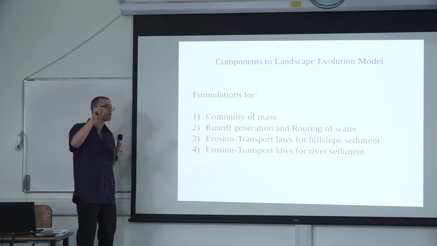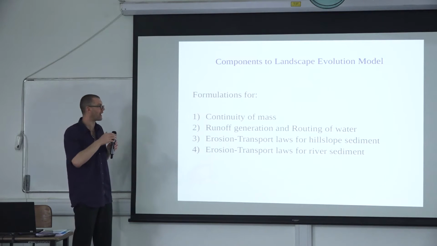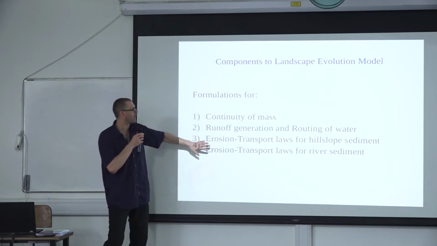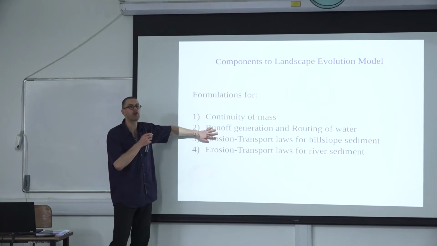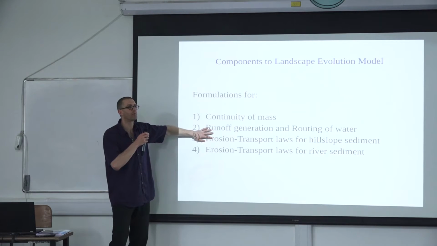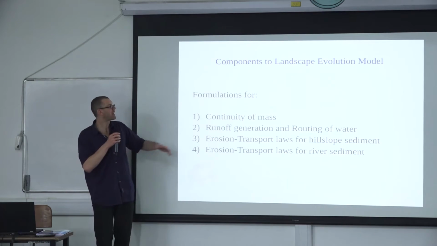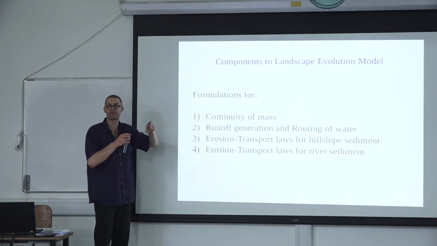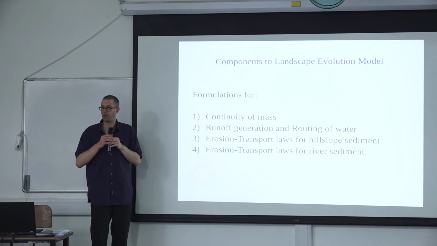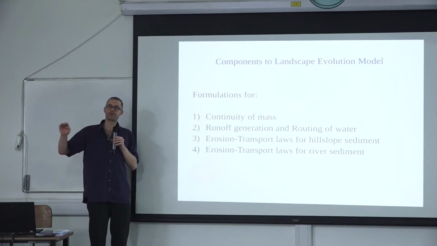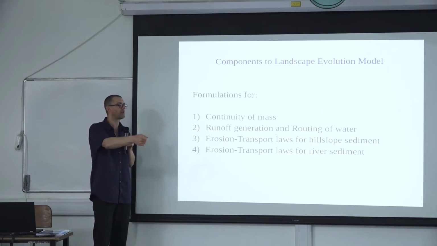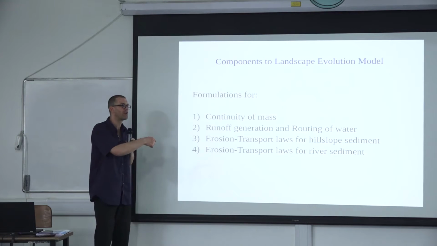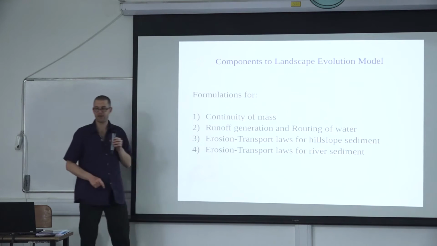You can turn those switches on and off. So you can generate a model that only has fluvial erosion and no hill slope, and vice versa. And then you can, of course, add to it landslides and other processes. These are then other components of a model. But each of these is essentially a separate equation. There is not a single equation that would have everything combined.